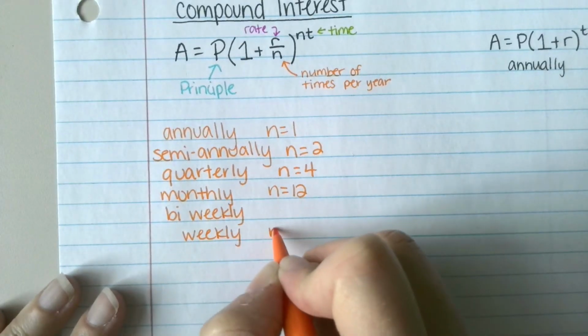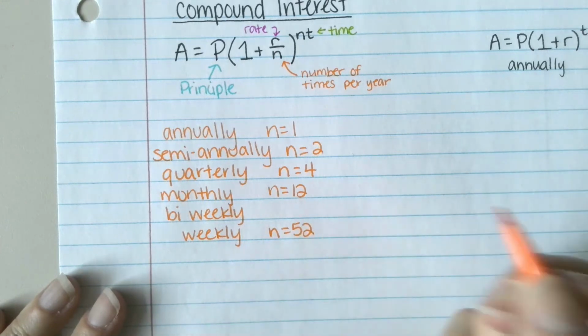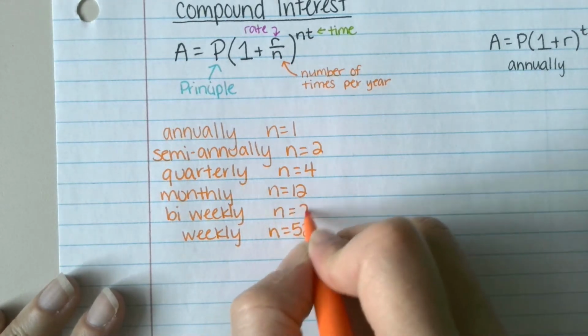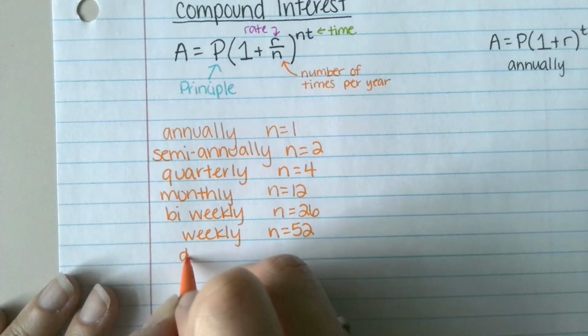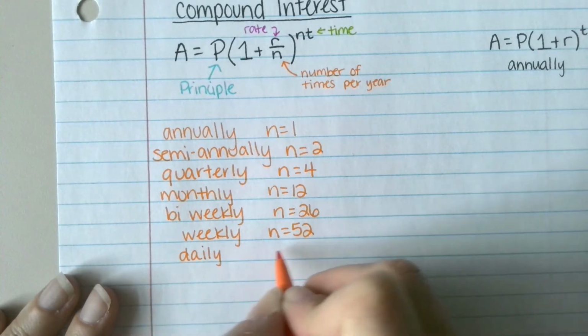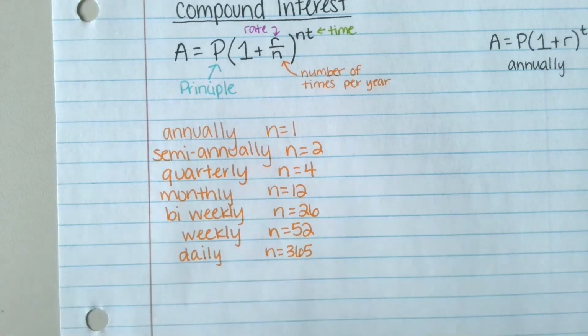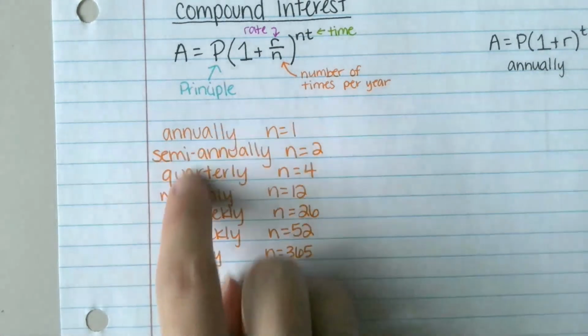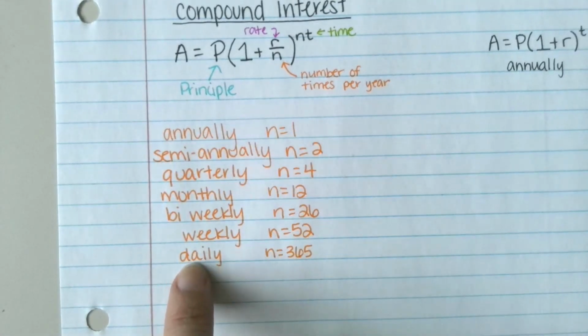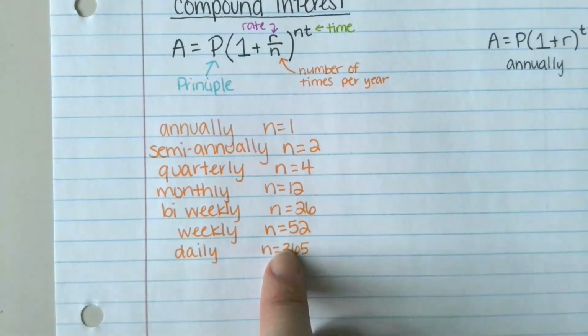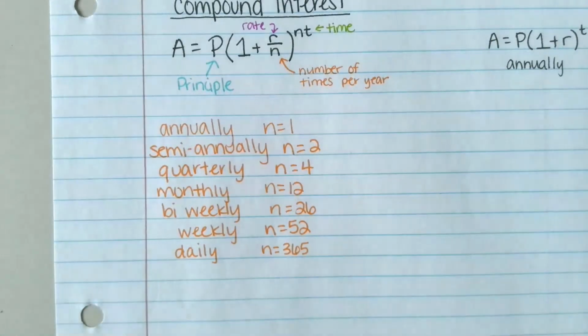Well, weekly is 52, bi-weekly is every other week, so that is 26. And I know that Delta Math also has daily on there, and that's 365. So these words, you just ask yourself how many times per year does that happen, and that's the number that you use for N. And it's pretty straightforward.